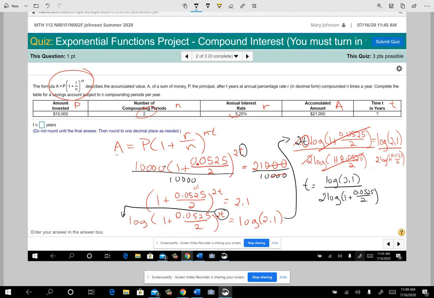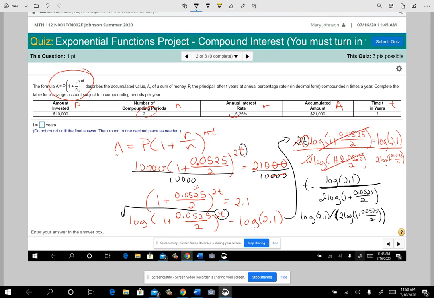Now this one has an issue that you might mess up on if you're not careful. These horizontal fraction bars are grouping symbols. So that 2 and that log, all that, are both in that denominator. So when you type this in, if you're trying to type it in one step, when you do your divided by, you should have a parenthesis there so that all of this, and that would be a second parenthesis.